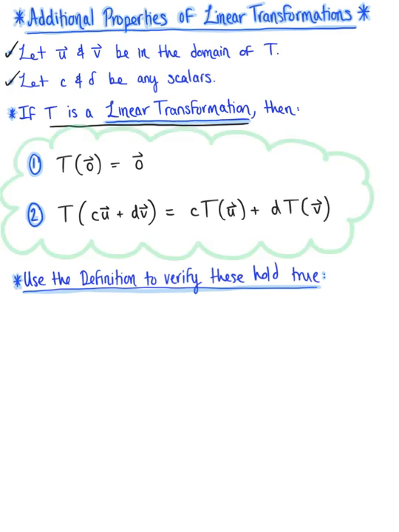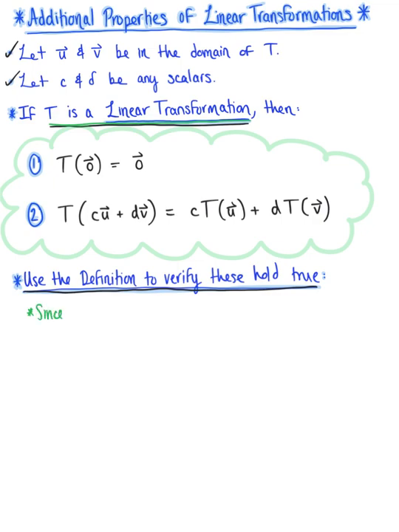So these are two additional properties of linear transformations, and they can easily be verified using matrix vector multiplication and the definitions that we just observed. So let's take a peek. As we go through this verification, let's keep in mind that we are assuming T is a linear transformation.